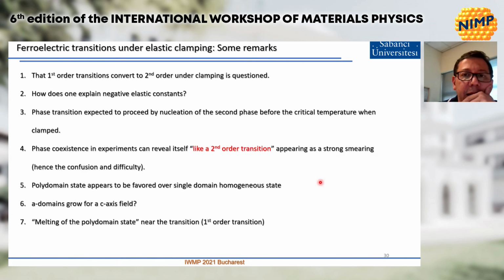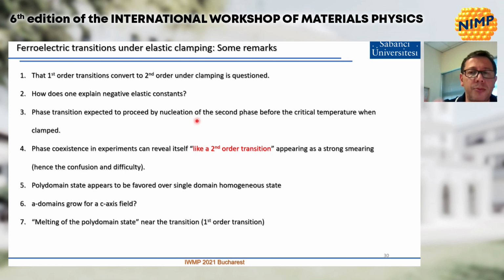Well, these are some of my remarks. I did talk about the effect of elasticity. We questioned the second order transition assumption, and we have shown that the phase transition can proceed by the nucleation of the second phase before the critical temperature.